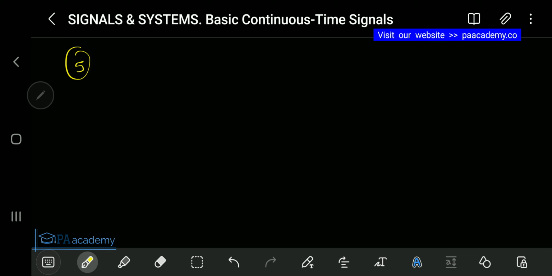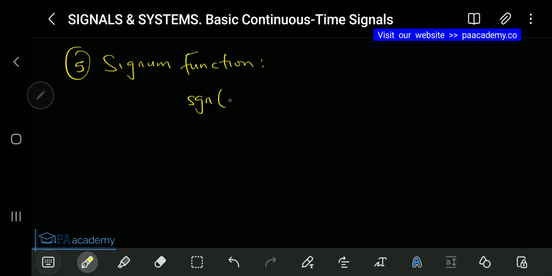The fifth one I want to look at is the Signum function. The Signum function is defined as SGN, so if you see SGN, that's the Signum function.